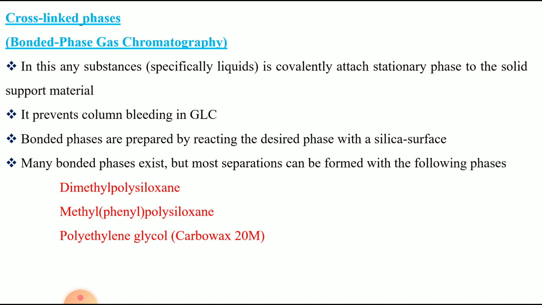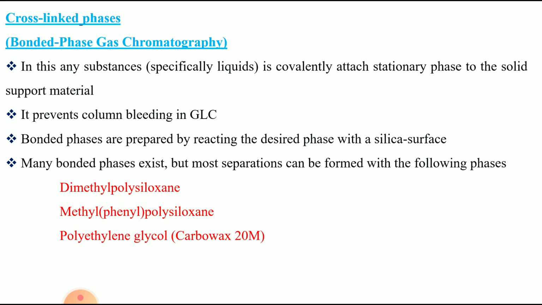This tight covalent bond binds the liquid very tightly with the solid supporting layer, so there is no chance of column bleeding. This is the advantage of cross-linked phases compared to the liquid stationary phases. In liquid stationary phases, there is a chance of column bleeding.